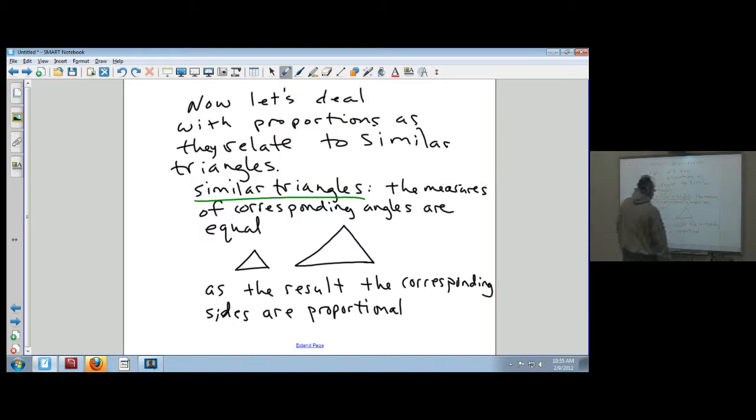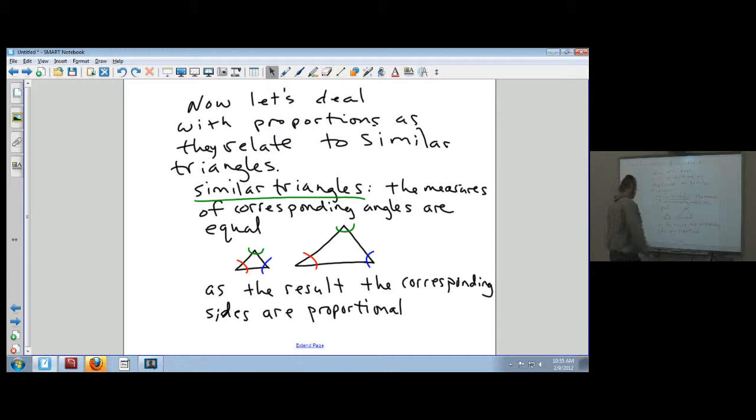Similar triangles: the measures of corresponding angles are equal to each other. So this angle right here is equal to this angle. This angle right here is equal to this angle. And this angle right here is equal to this angle. The degree measurement is going to be the same for the corresponding angles.